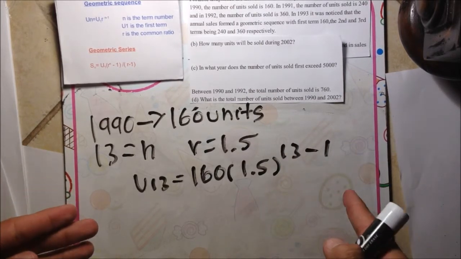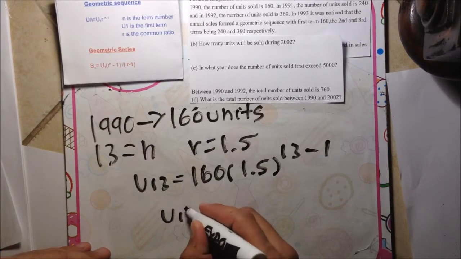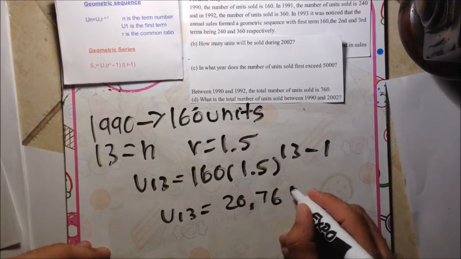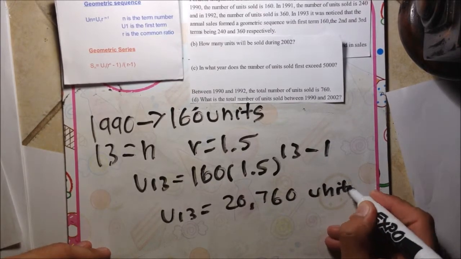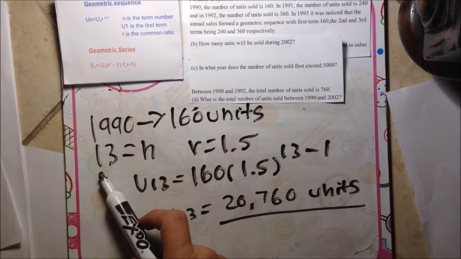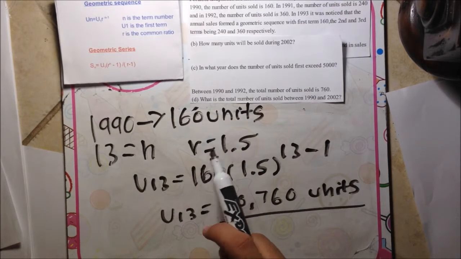If we multiply all this correctly, we get a U13 that equals 20,760 units. So in the year 2002, which was 13 years after 1990, 20,760 units were sold based on the ratio r of 1.5.